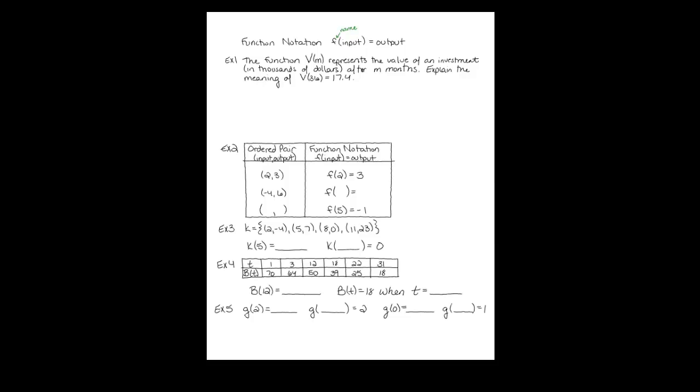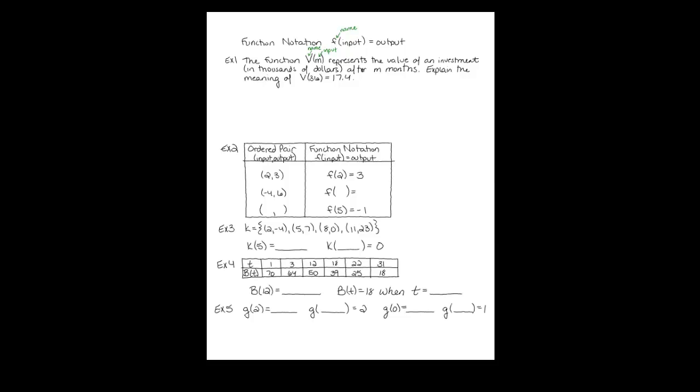So example 1, we have the function v of m represents the value of an investment in thousands of dollars after m months. Explain the meaning of v of 36 equals 17.4. So looking at this, v is the name of the function, m is the input variable.